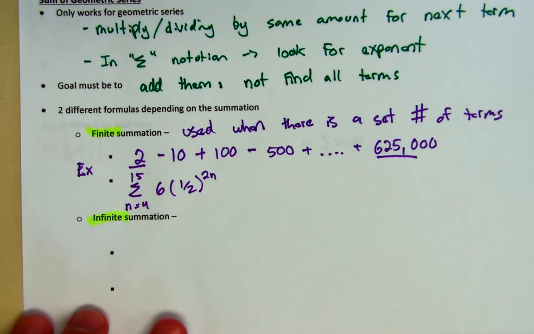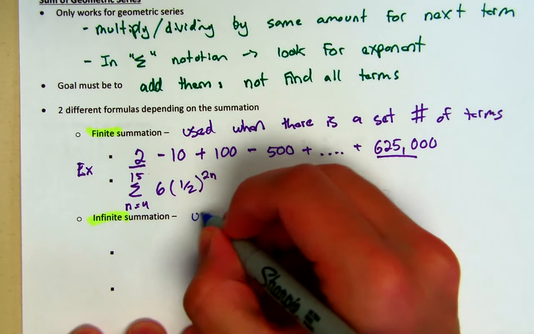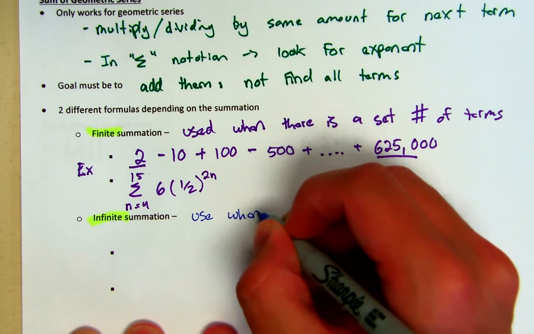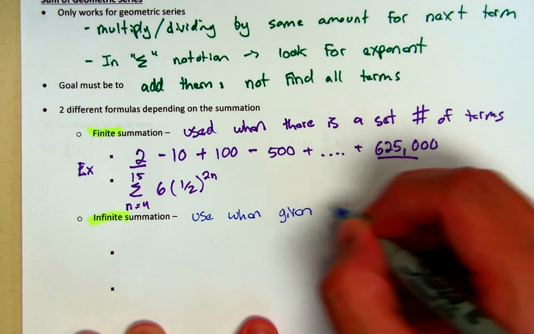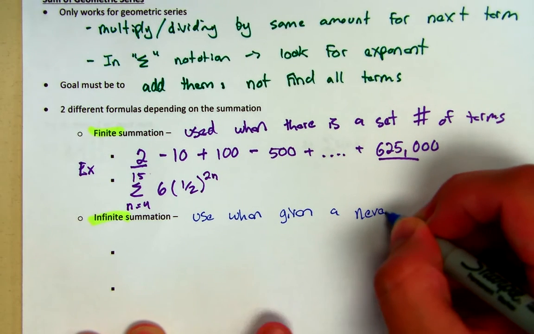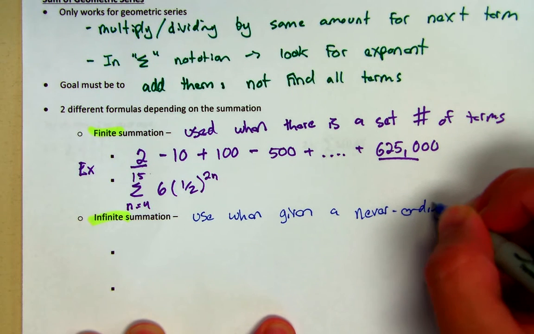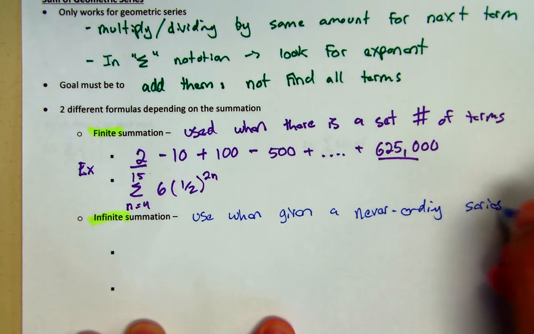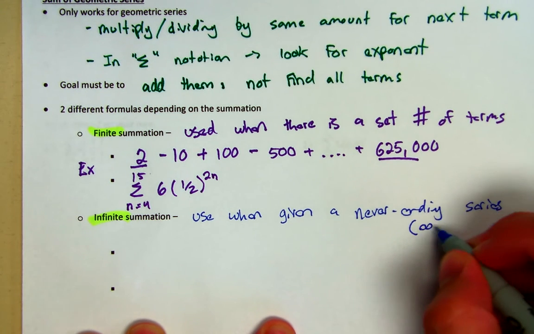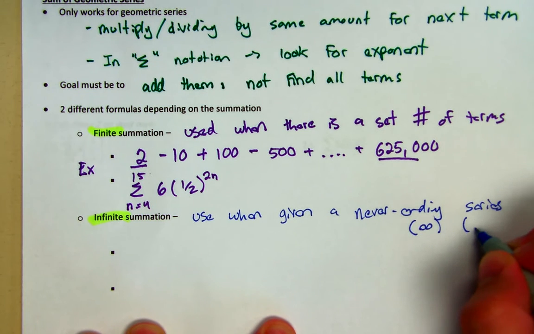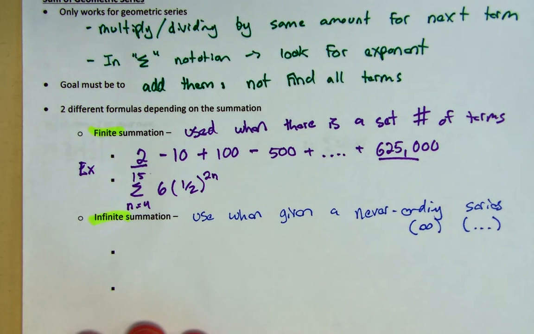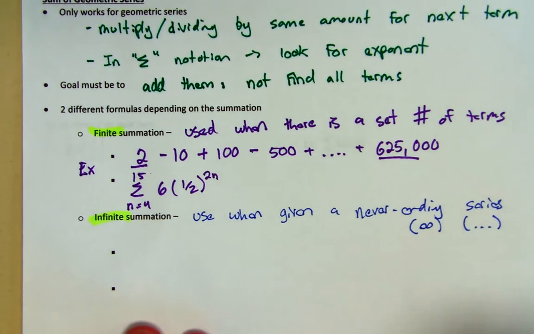What about infinite? Well, infinite, the only difference here is that we're talking about something that doesn't end. So use it when given a never-ending series. Basically, you're looking for infinity, or you're looking for the dots at the end.